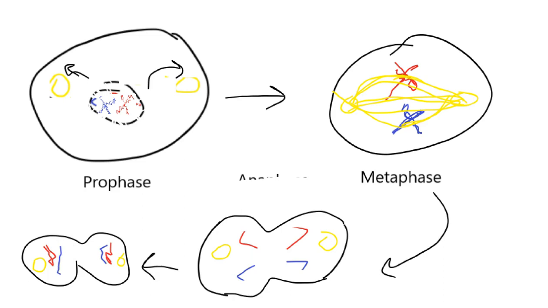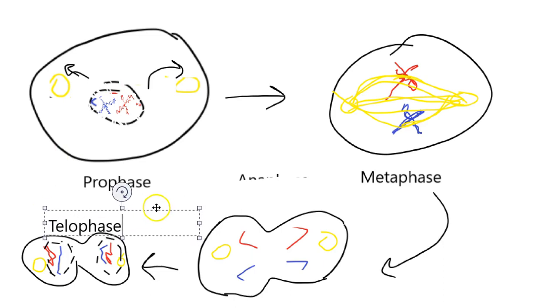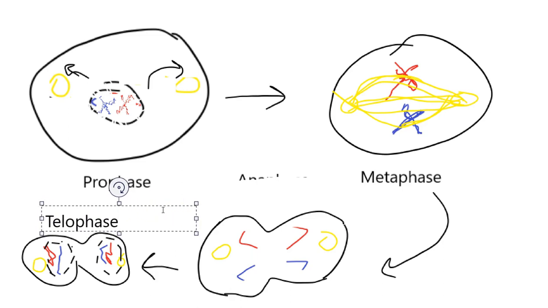These are starting to unwind, and the reformation of the nucleus is beginning. So the nucleus is starting to reform again. So this phase is called telophase. In telophase, the chromosomes are uncondensing, they're unspooling, and the nuclear membrane is starting to form again around that genetic material, around the DNA.